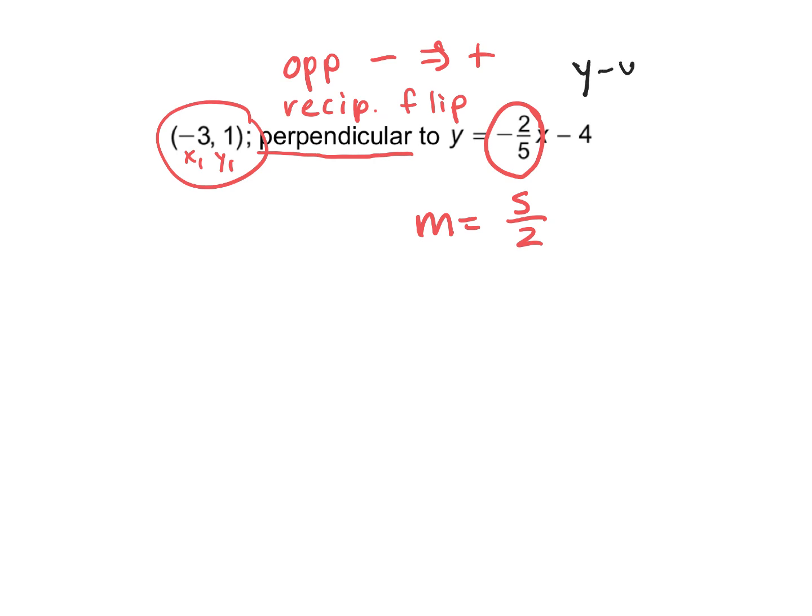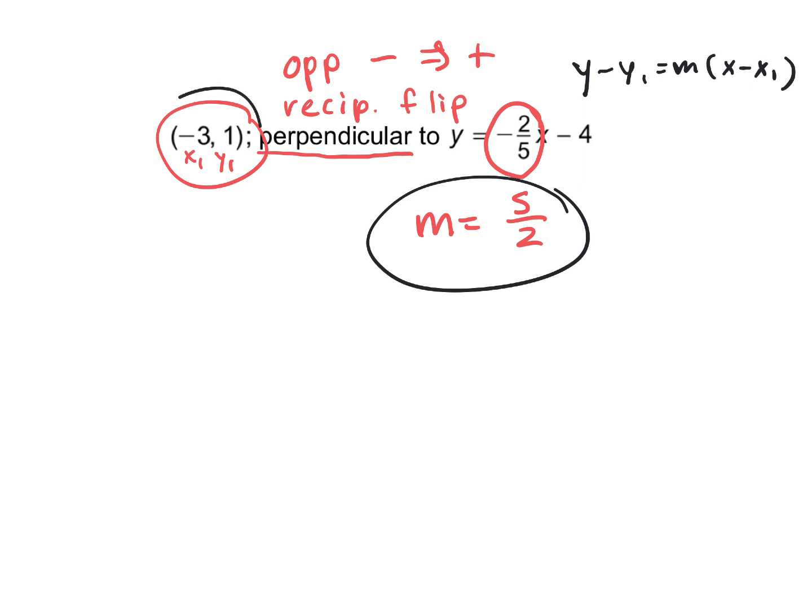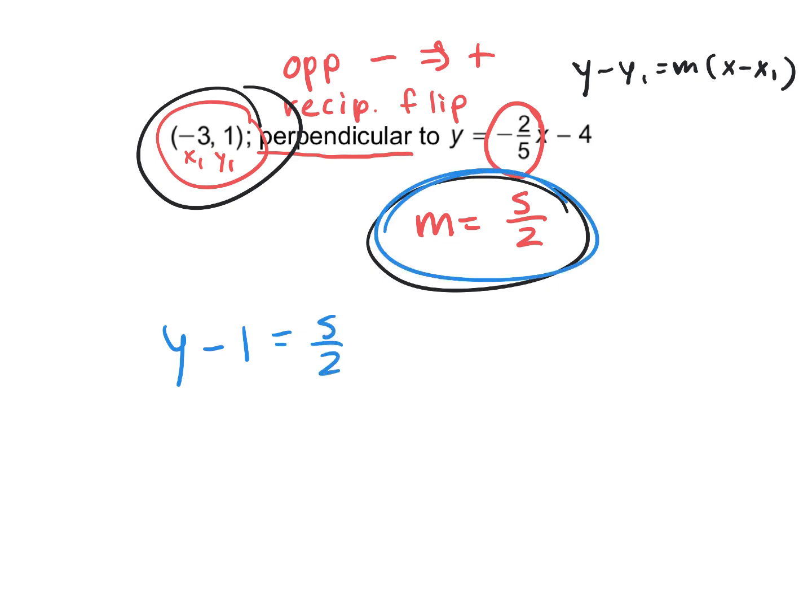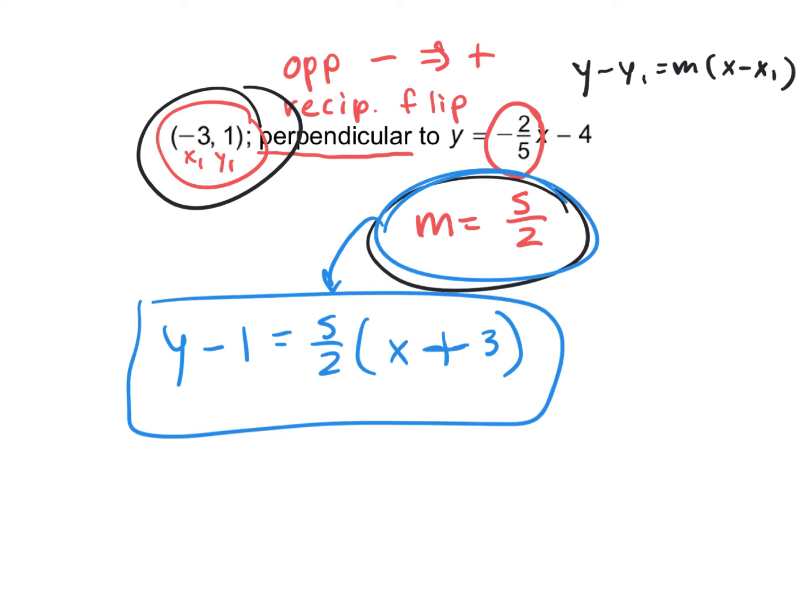We have y minus y1 is equal to m times x minus x1. So we plug in our new slope and our point. So y minus y1, which is 1, is equal to our new slope, 5/2, times x minus -3. So minus a negative becomes a plus.